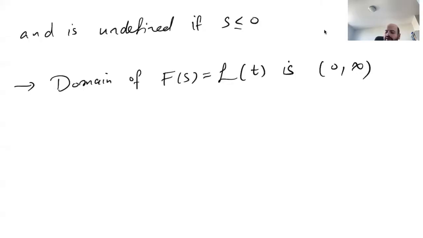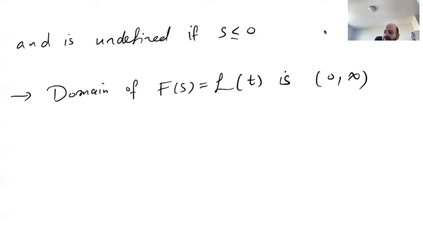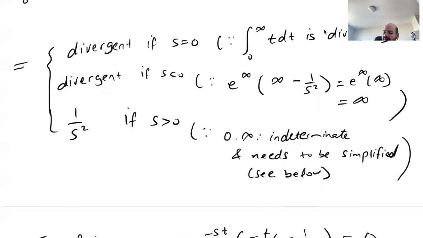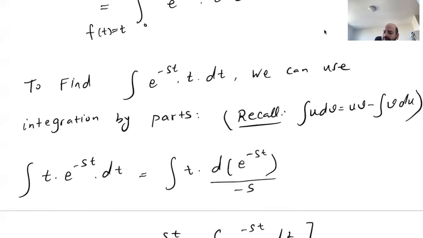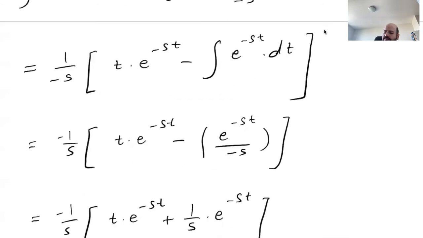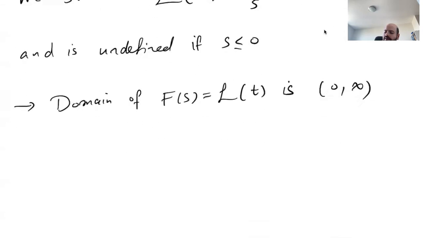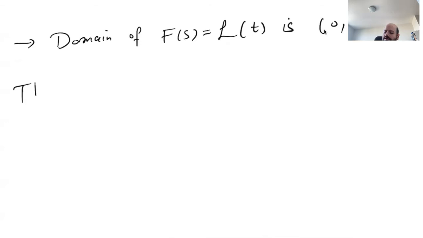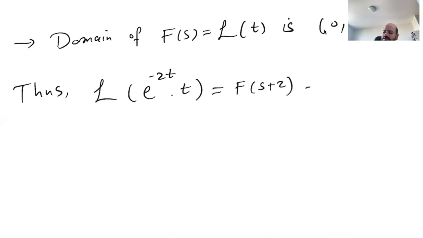Now we can use this to find the Laplace transform of e to the power minus 2t times t, which was asked in the question. Thus the Laplace transform of e to the power minus 2t times t is equal to capital F of s plus 2, which is going to be 1 over s plus 2 the whole squared.